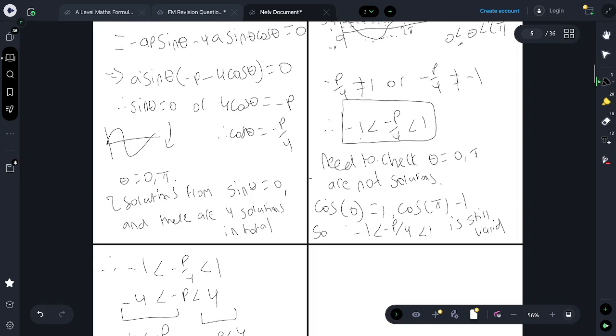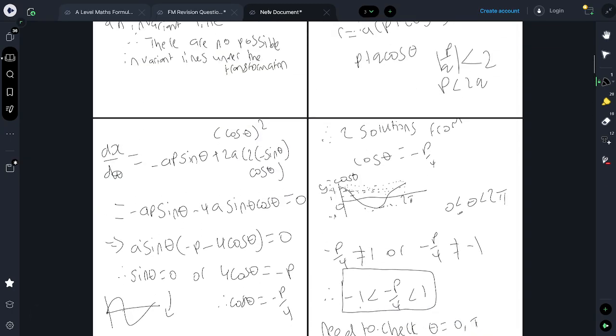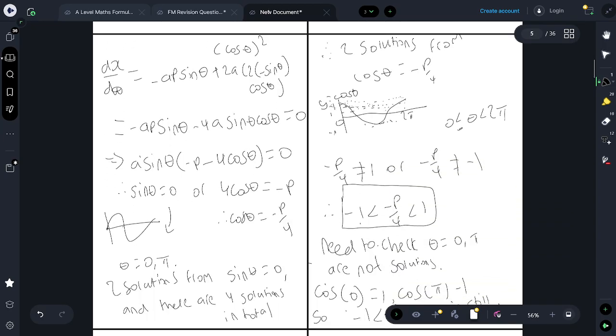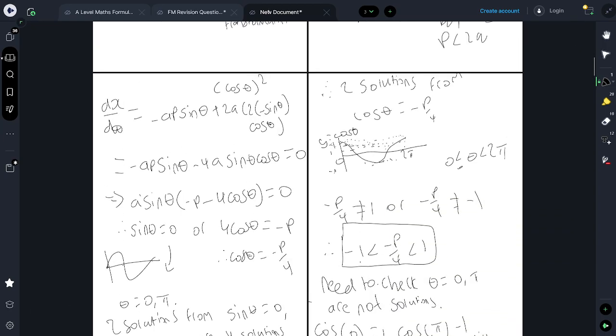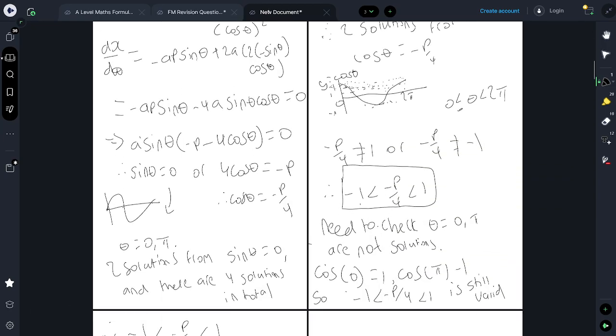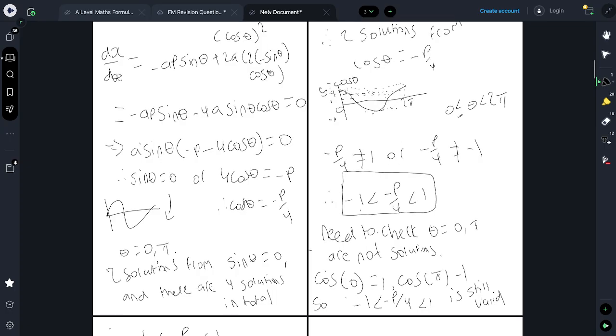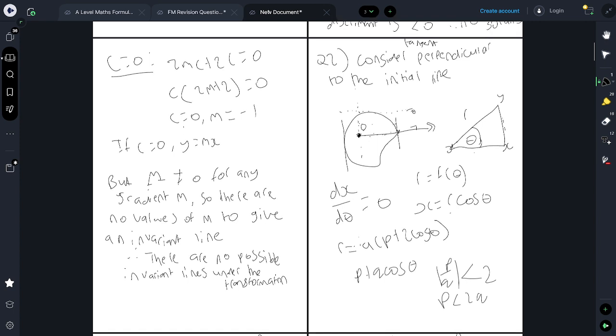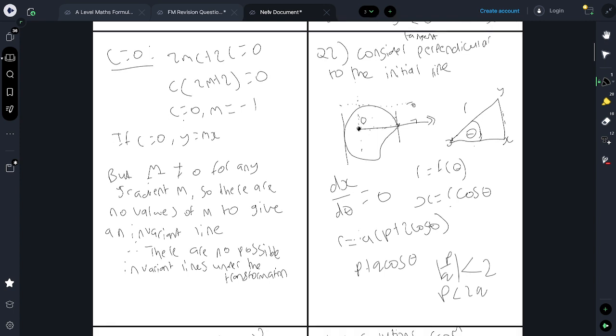It might be a little bit arduous, you have to think a little bit maybe, but hopefully that's clear. So essentially, to wrap this up, you set dx by d theta to 0 because it's perpendicular, so the x coordinates are not changing; they stay the same.